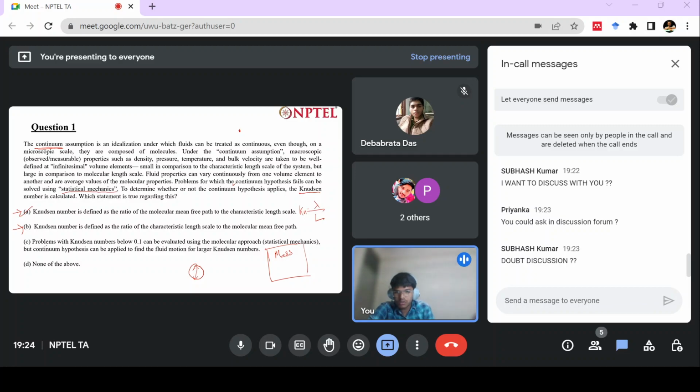And what about option C? Problems with Knudsen number below 0.1 can be evaluated using molecular approach, statistical mechanics. So is the first part true? Problems with Knudsen number below 0.1 can be evaluated using molecular approach.